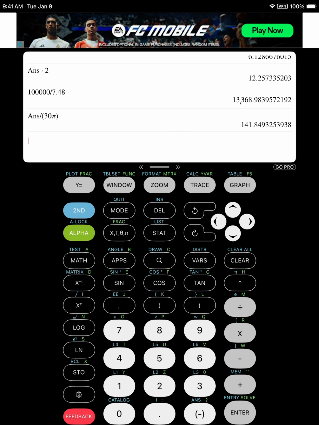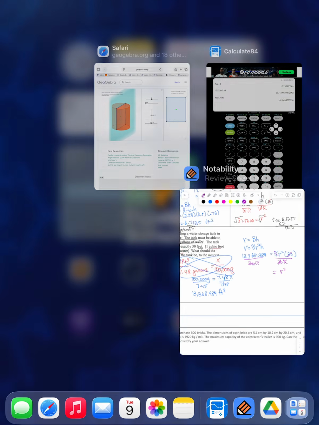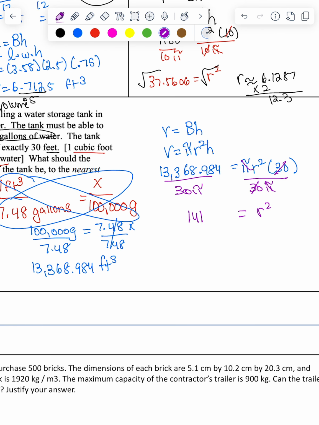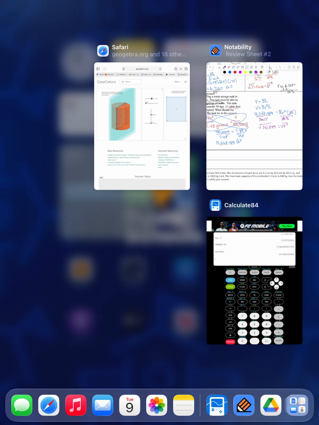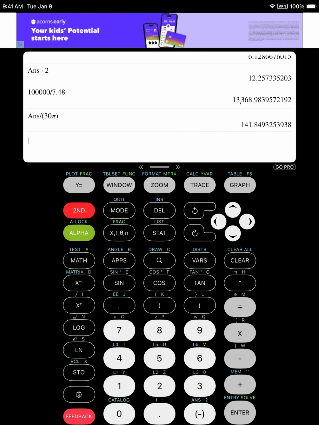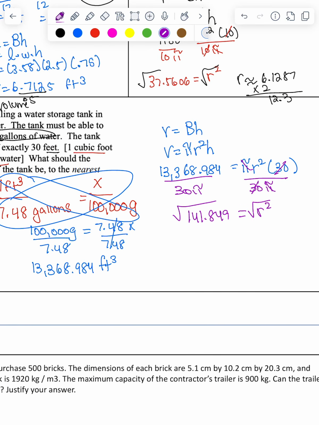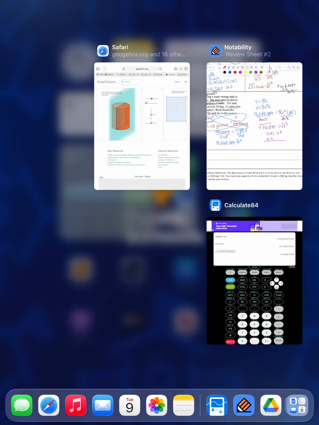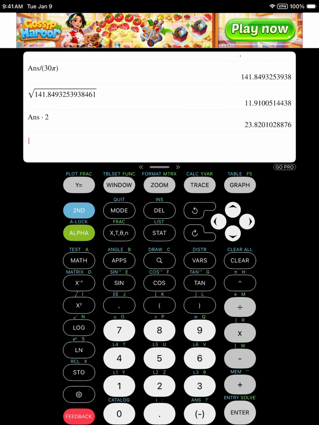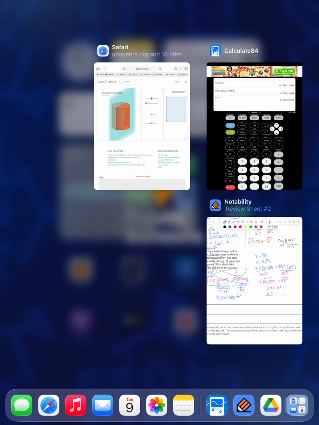And we have 141.849. And then to get r by itself, we're going to take the square root of both sides. And we have about 11.91. And since we need the diameter, we're going to just multiply by 2. And I think it says to round to the nearest whole number, so that would be approximately 24.